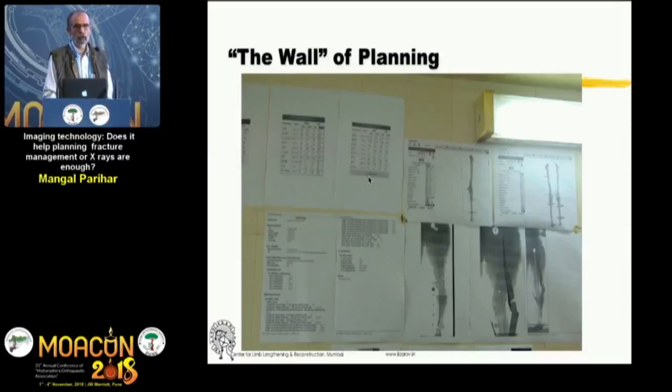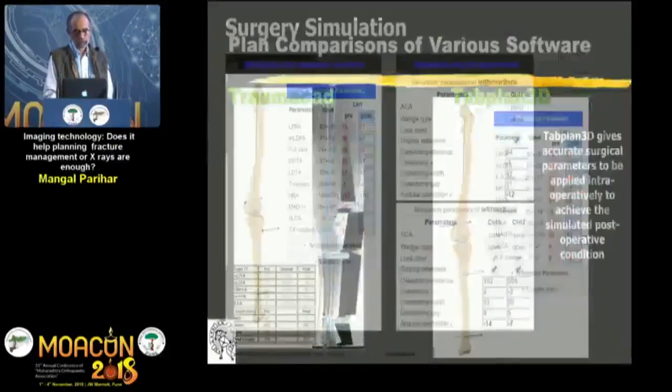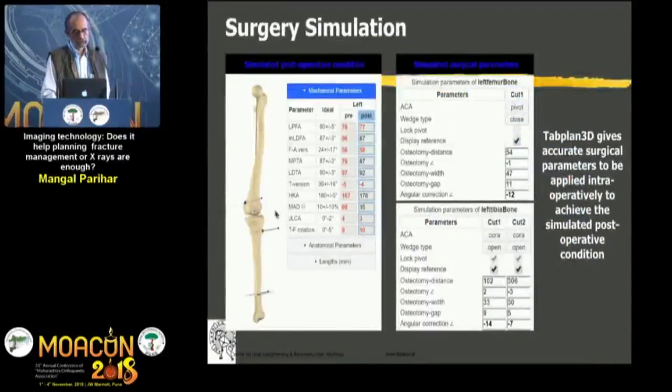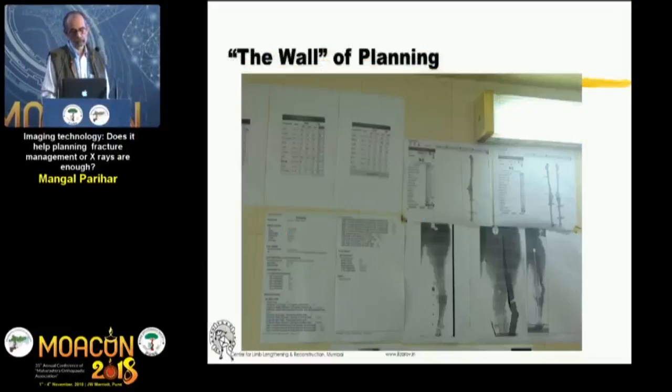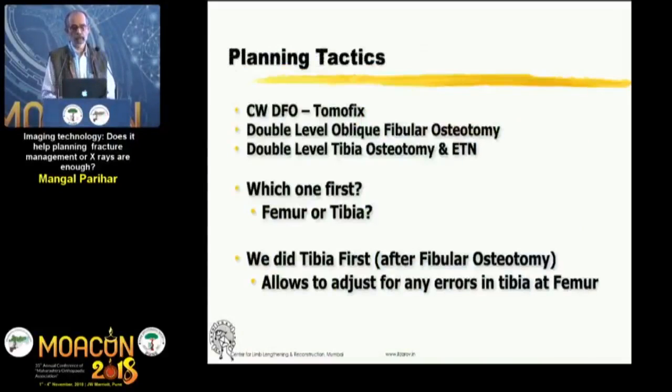So once I know what I need to do, and I know from this that once I correct it at these numbers, I'm going to get a HKA which is in slight valgus, then we just carry out that plan.